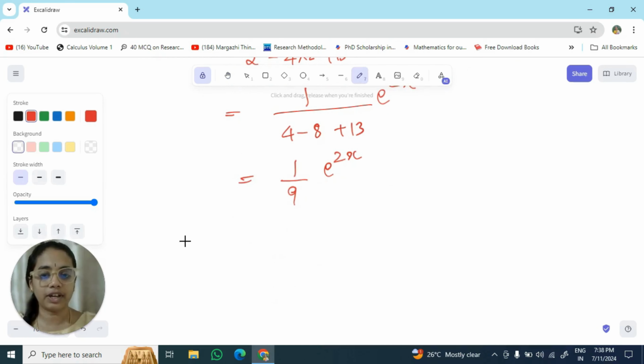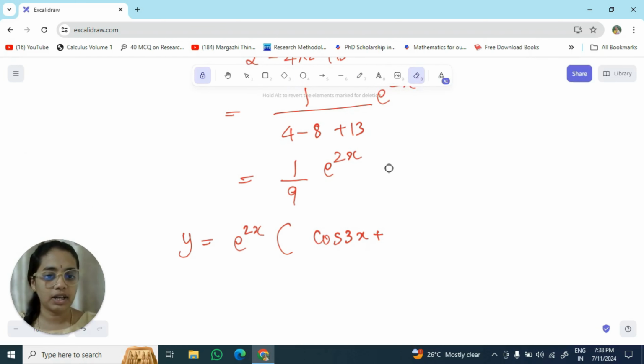So we know that the final solution or the complete solution of all this type of problems is CF plus PI. So what was our CF? Our CF was e power 2x into C1 cos 3x plus C2. Okay, we just wrote it as A and B, right? Anything is fine. Let me just replace it.